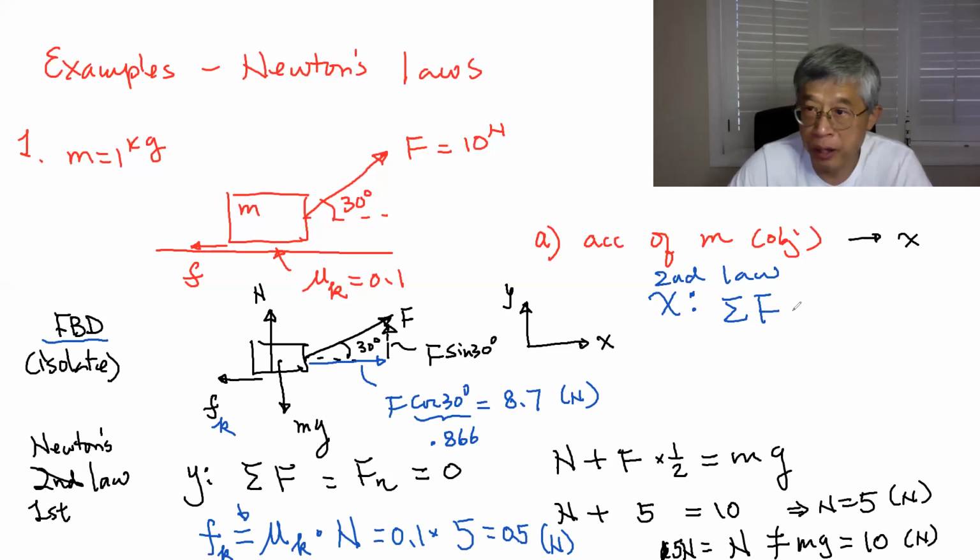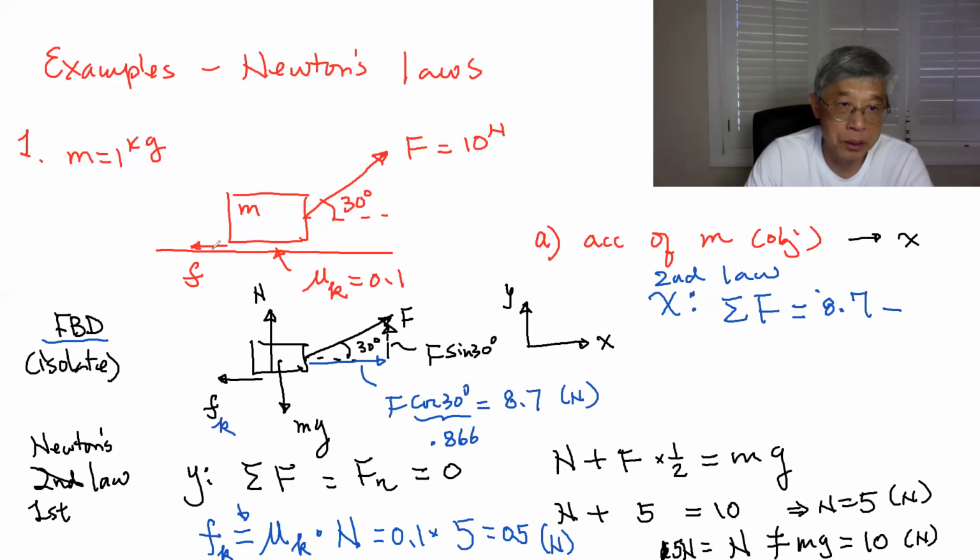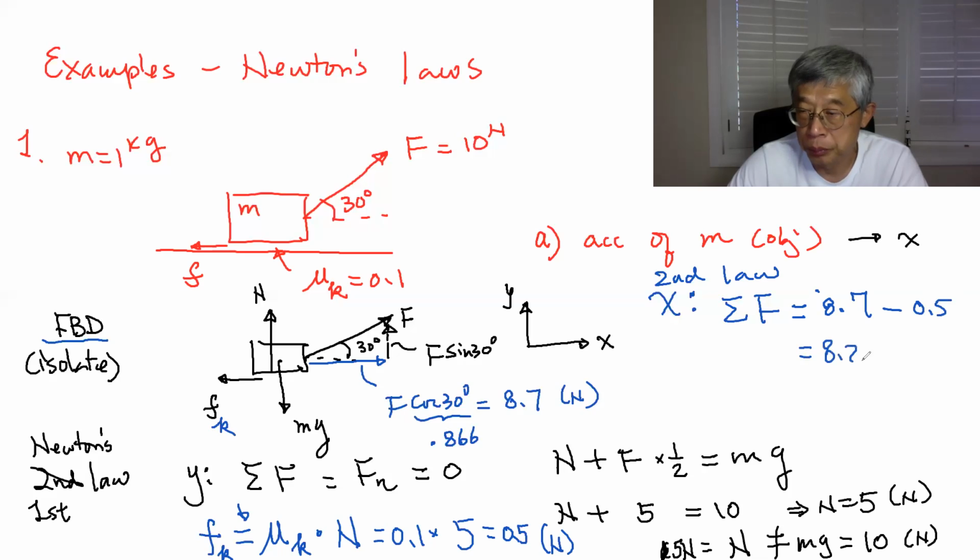So summation F is going to be equal to F cosine 30 degrees, which is 8.7, right? Minus this friction going to the left, which is 0.5. And that's equal to 8.2, right? And that's equal to ma, right? And m is your 1 kilogram, right?